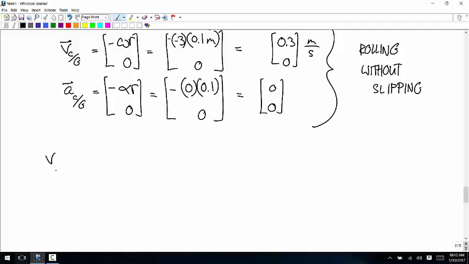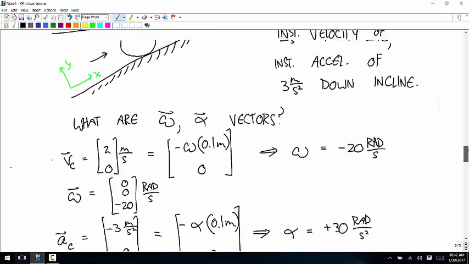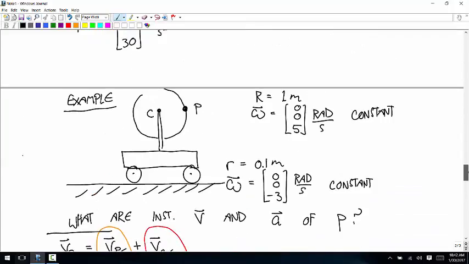The velocity of P relative to C is equal to omega cross r. So now we're talking about the Ferris wheel thing. So omega is 0, 0, 5, and the R vector is this.